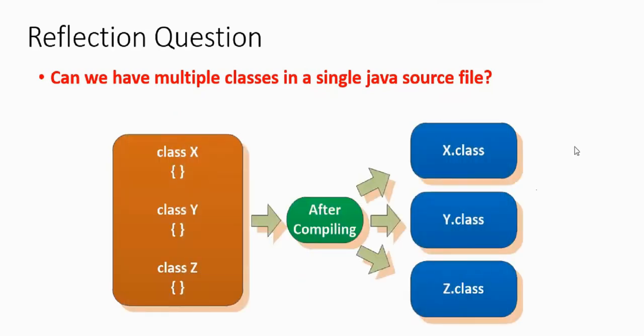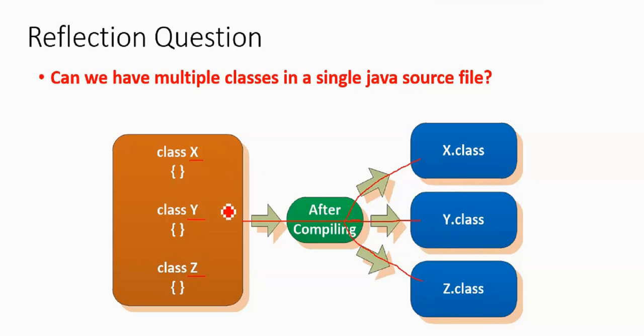Now see, if you have multiple classes, like there is one file and this file contains three classes: class X, class Y and class Z. All these three classes are available in a single file. When I give it for compilation, after the compilation it will create three separate class files: an x.class file, a y.class file, and a z.class file.